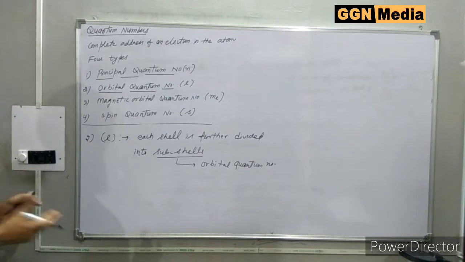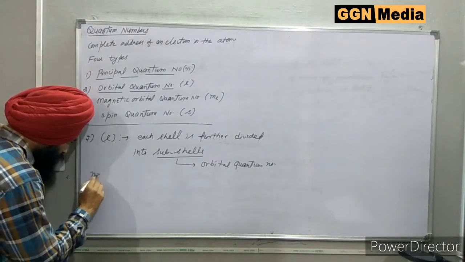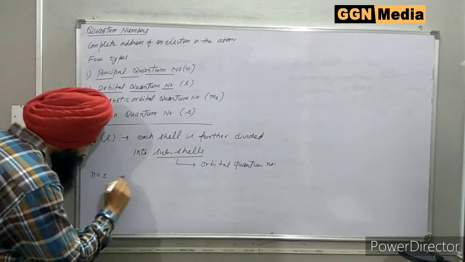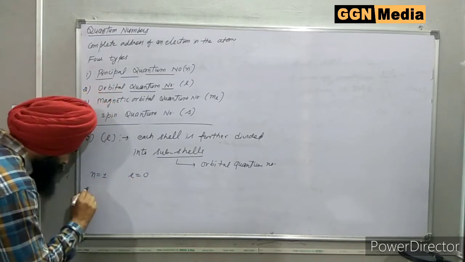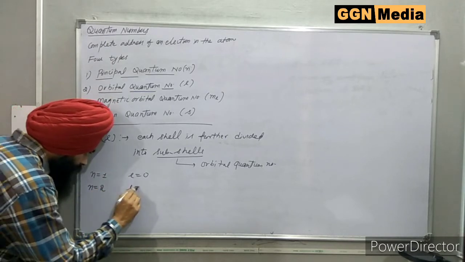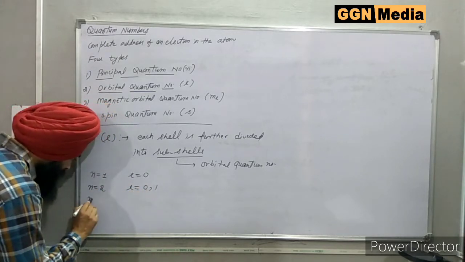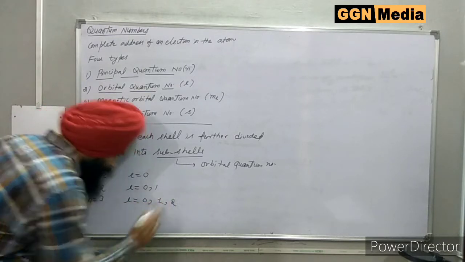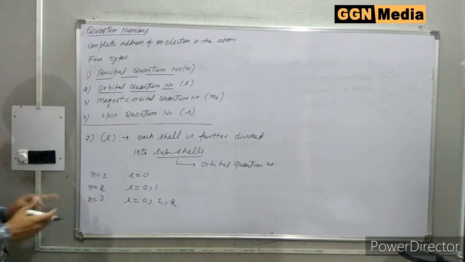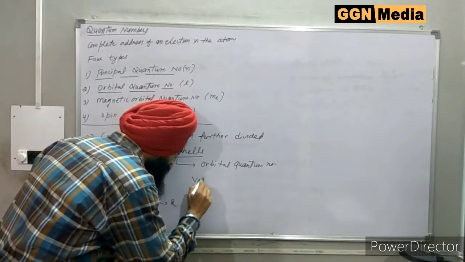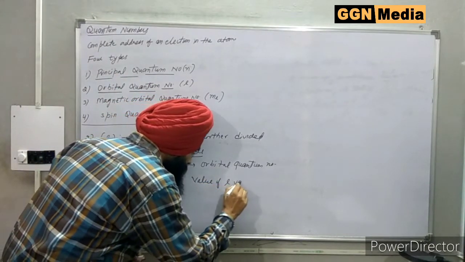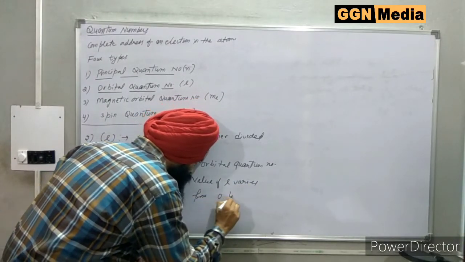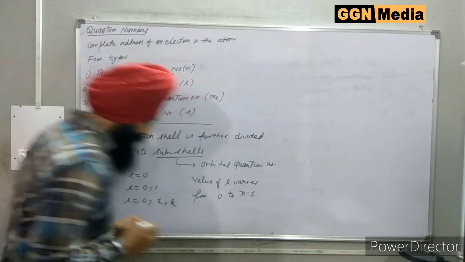Let us suppose we have n is equal to 1, and for n is equal to 1 the value of l is 0. For n is equal to 2, value of l is 0, 1. For n is equal to 3, value of l is 0, 1, 2. From these three examples, we have value of l varies from 0 to n minus 1.